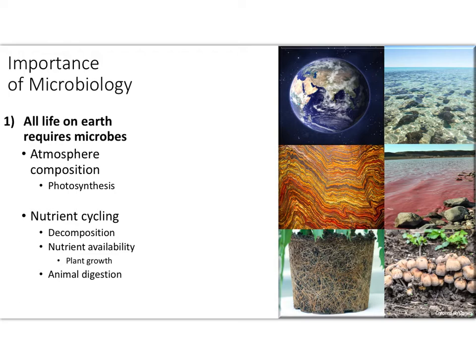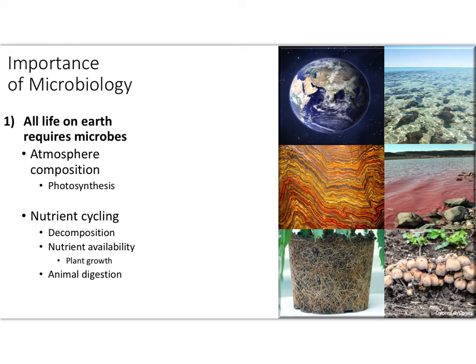Over time, enough oxygen built up in the atmosphere that it became suitable for life on land, especially certain types of eukaryotes like mammals, so like humans, dogs and cats, horses, all of the other land mammals basically relied on the release of oxygen from these microbes into the atmosphere for it to be suitable enough for them to evolve.